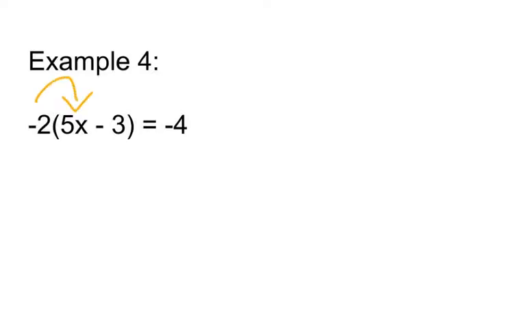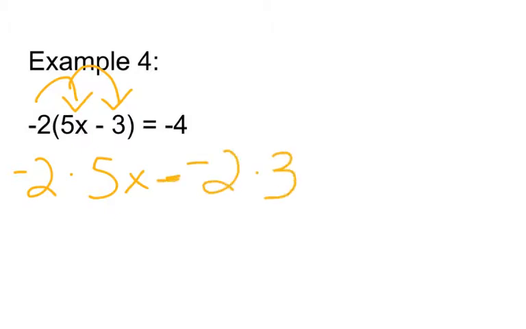Again, we're going to use the factor of -2. But what we're going to see here is it's a subtract, and then it's a -2 that's being multiplied by the 3.